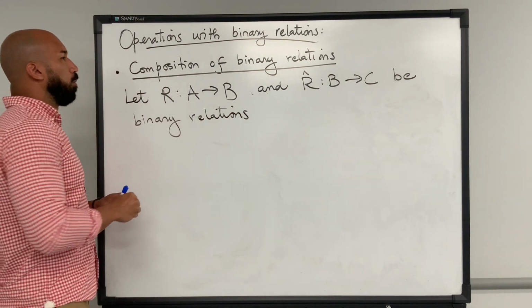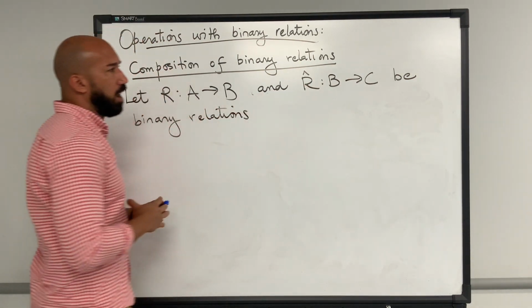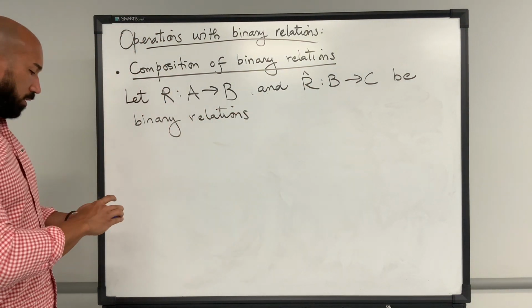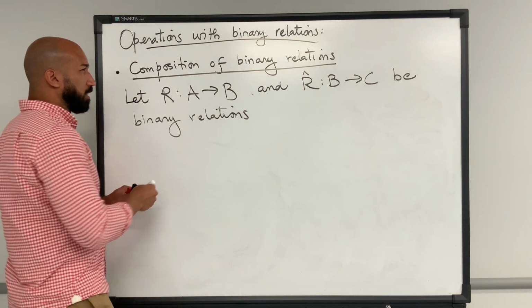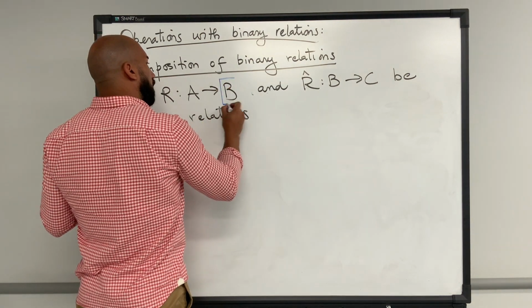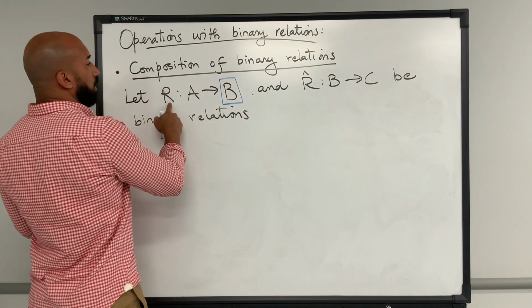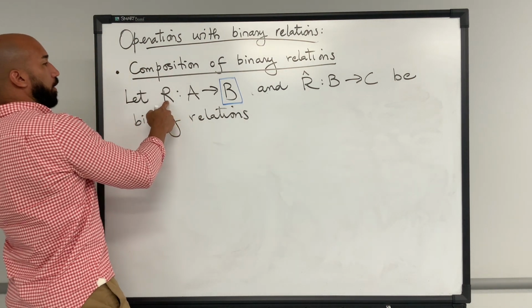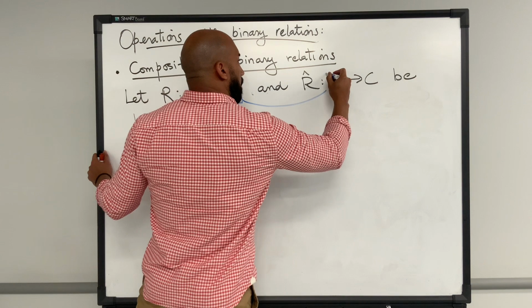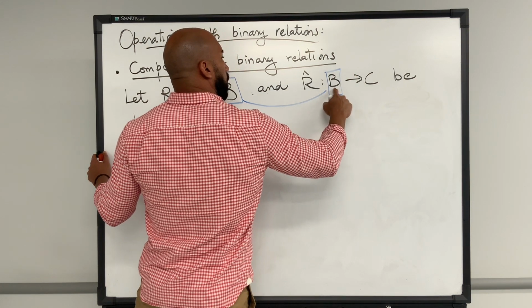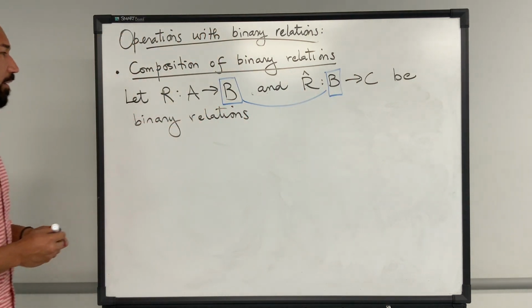Right? So obviously A, B, and C are non-empty sets, and notice that the set of second components of the relation R is the same as the set of first components for the relation R hat.